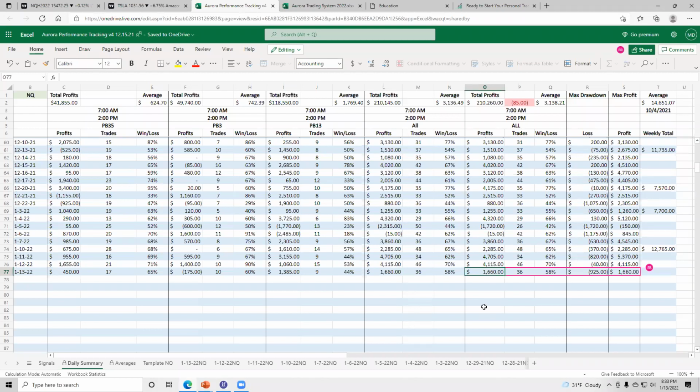It can come over a 2 or 3 day period, but I'm talking about how to fully pay for the cost of access to this system that could build a tremendous amount of abundance for you and your family. 80 points trading the NASDAQ 100 futures. Our average point production is over 150 points a day. So the value equation is significant, and it's really entirely up to you to take full advantage of it.